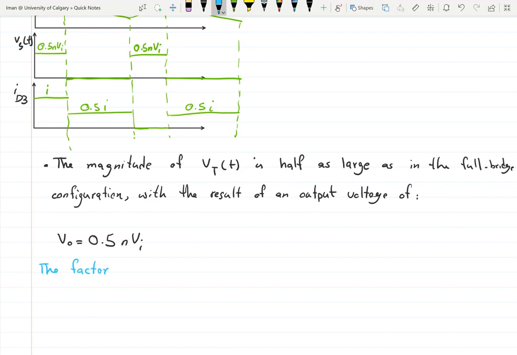The factor 0.5 can be compensated by the transformer ratio, by doubling the transformer ratio.